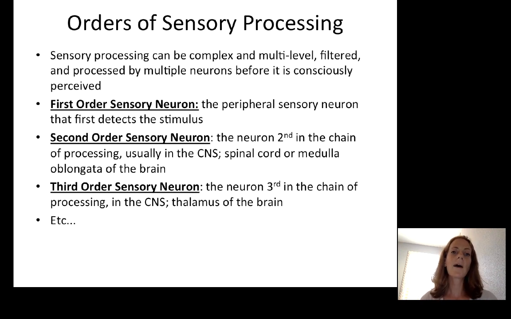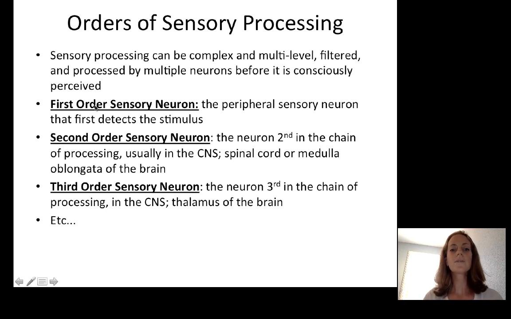Let's talk now about the pathways of processing. When we talk about processing sensory information, we can go through various complex or multi-level pathways. The way that some textbooks like to organize this is by talking about different orders of sensory processing from the outside to the inside of the nervous system.